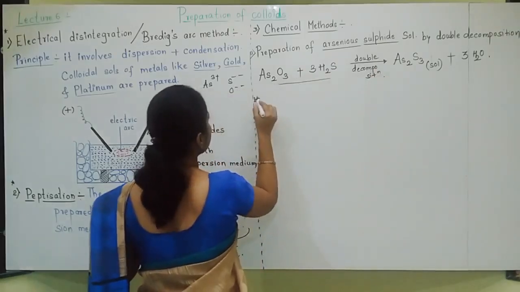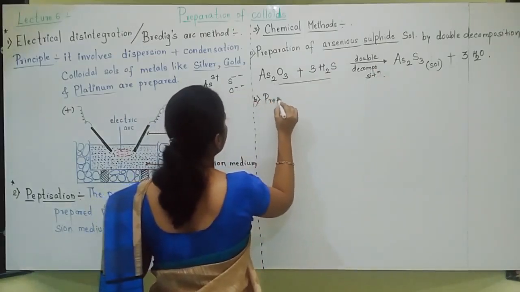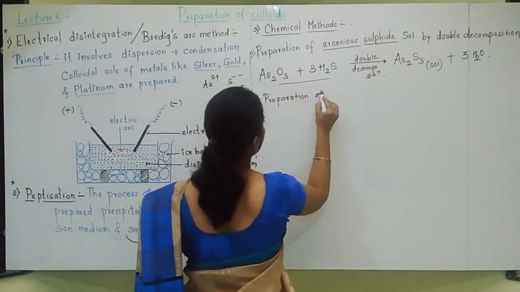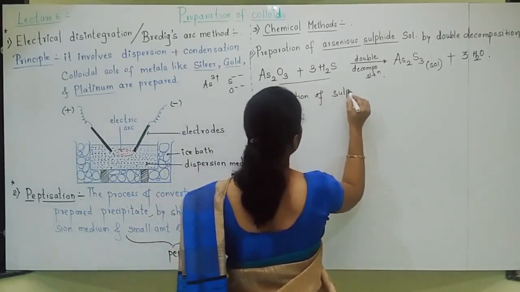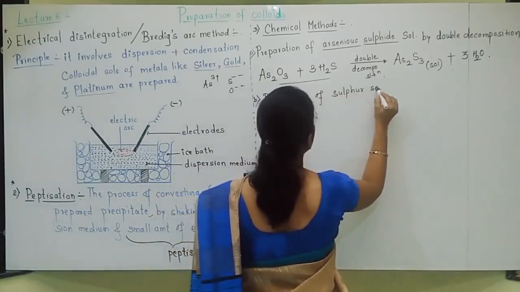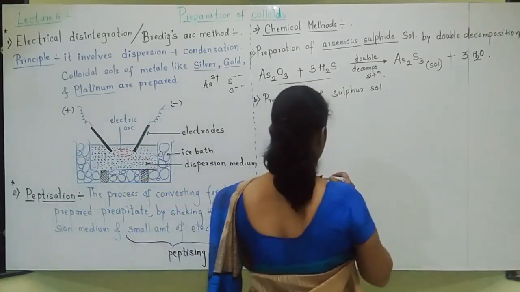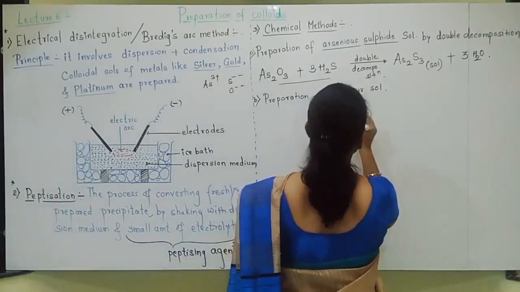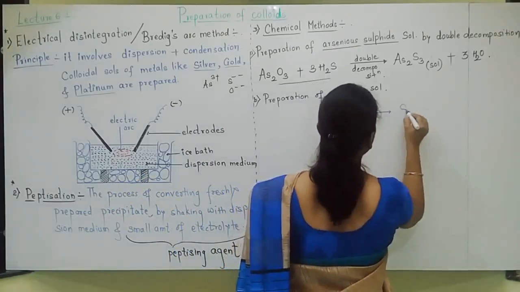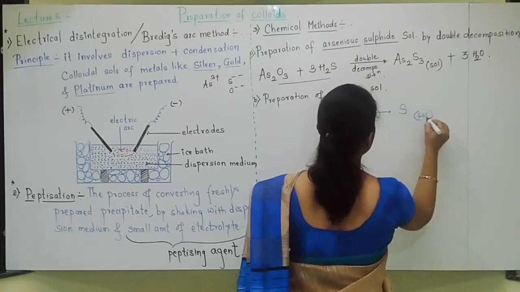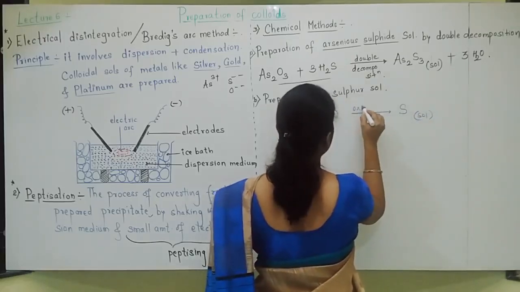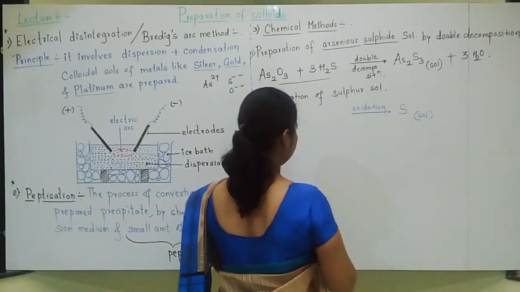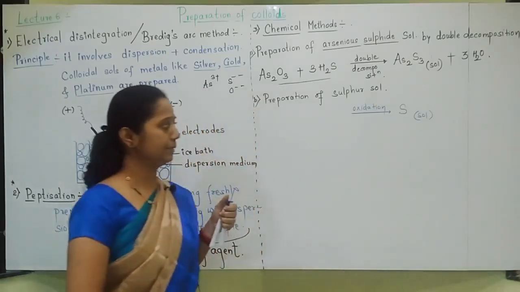So let us move towards the next chemical method, preparation of sulfur sol. Okay, so students, sulfur sol, I am writing S. This is prepared by oxidation method.